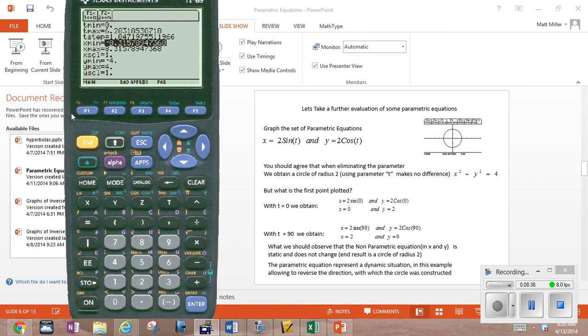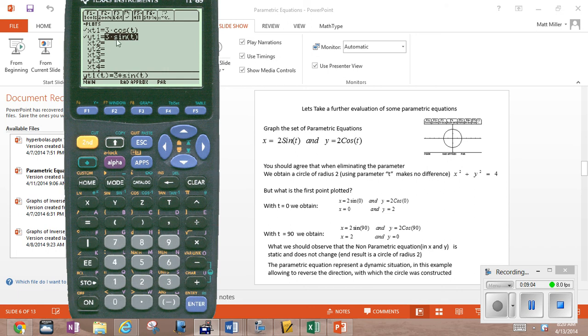then I should be graphing a hexagon, because I'm graphing every 60 degrees. It's still the same functions that I'm graphing. So eliminating the parameter would still return to me a circle.